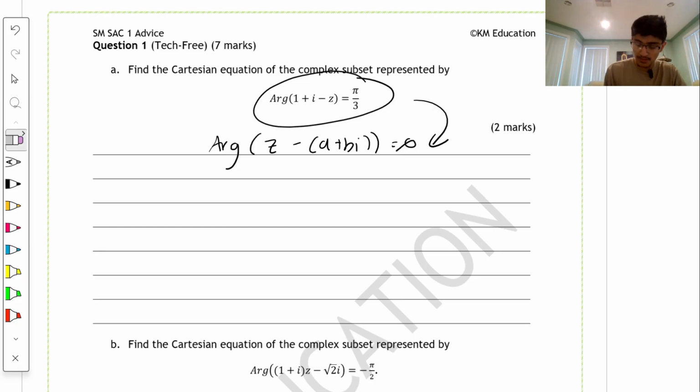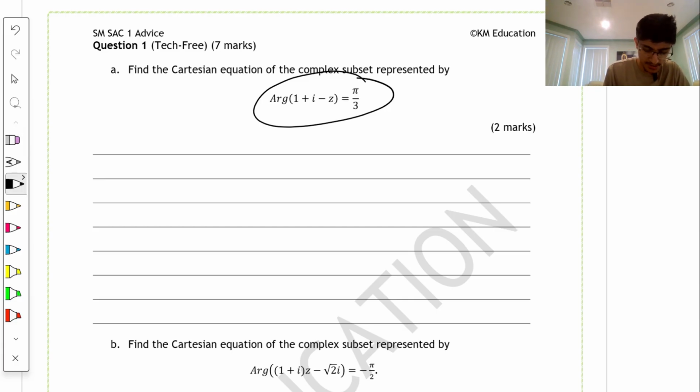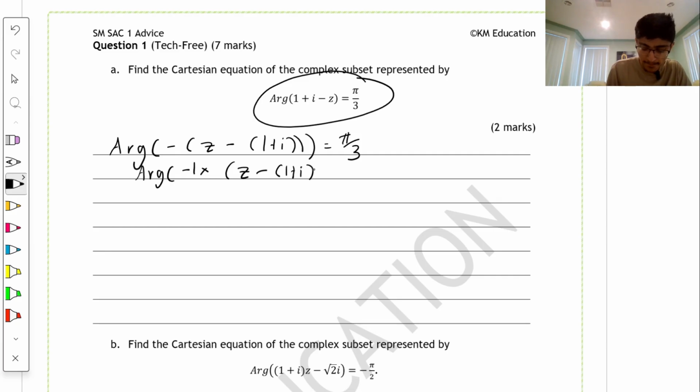So what I'm going to do here is factorize out that minus sign, and you'll see why in just a second. I factorize out this minus sign and get arg(-(z - 1 - i)) = pi on 3. Now you can rewrite this as arg(-1 times (z - 1 + i)), and the reason I do that is because this relates to our first argument law.